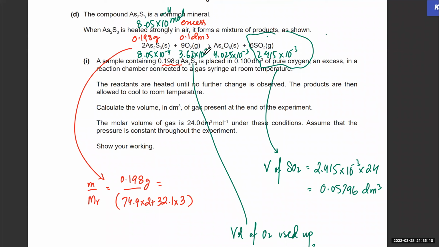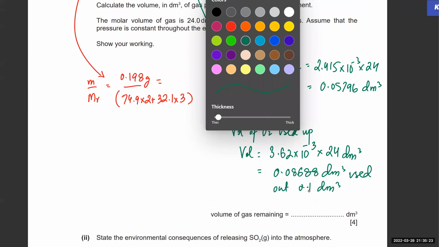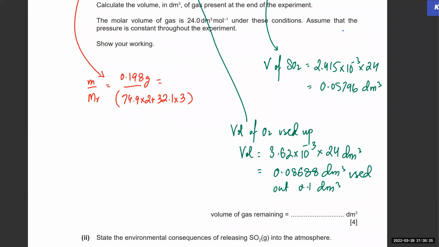So 3.62 got used up. If this got used up, how much is left? What is the amount of O2 that's left? Subtract this thing from 0.1. What do you get? 0.01312.